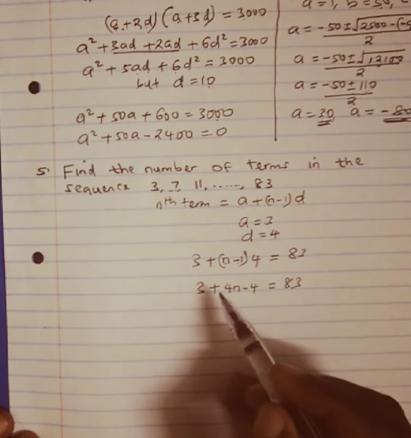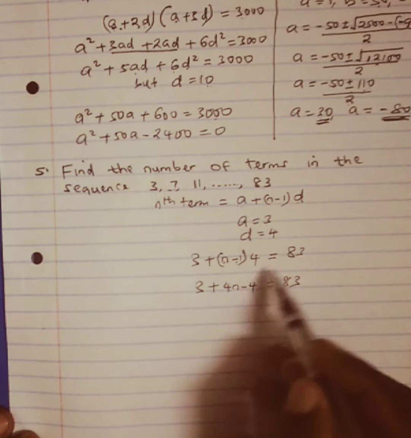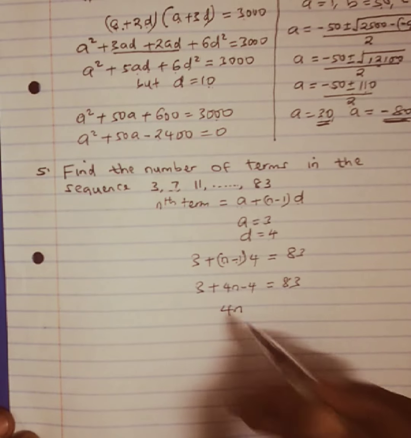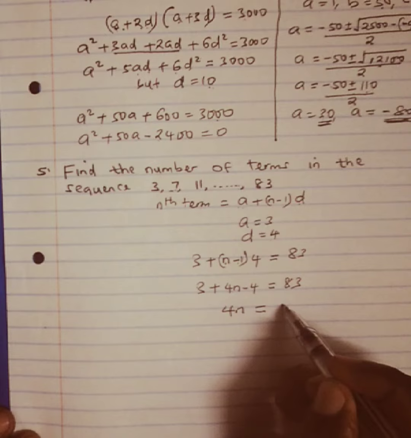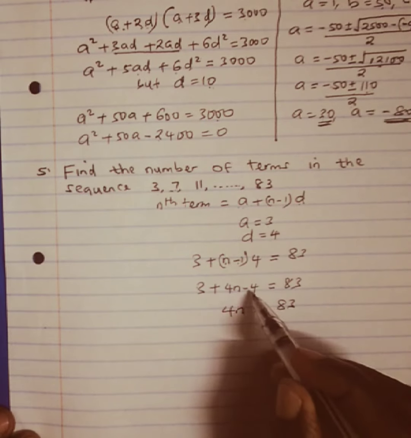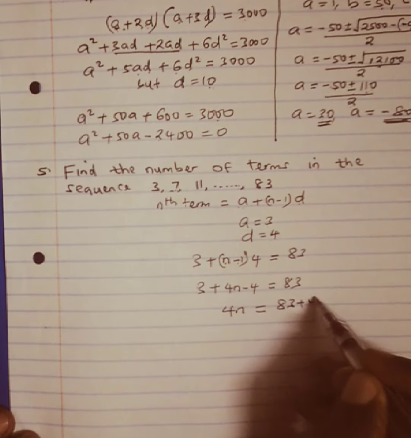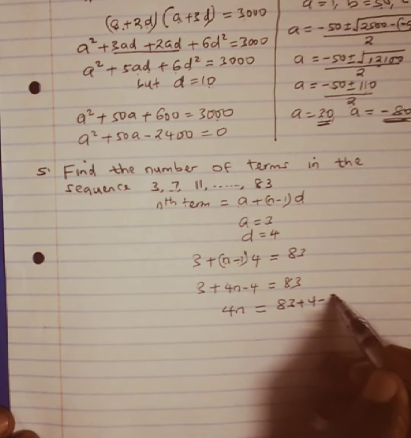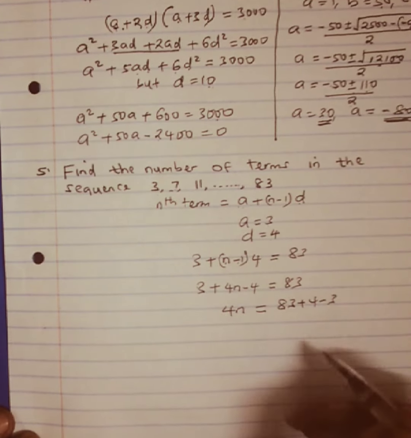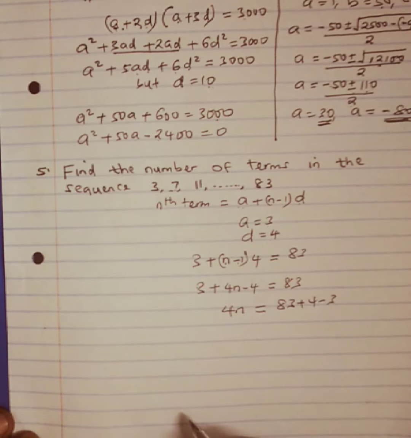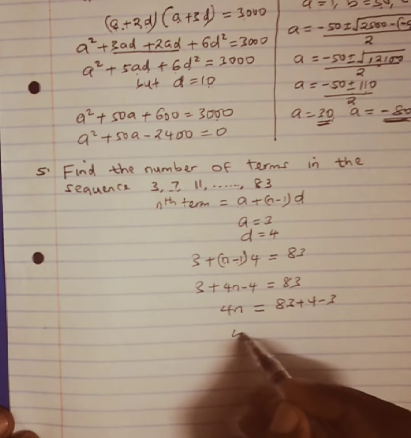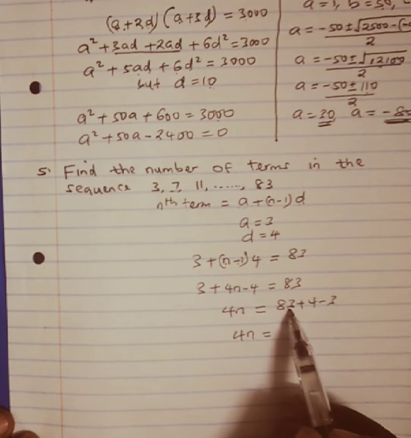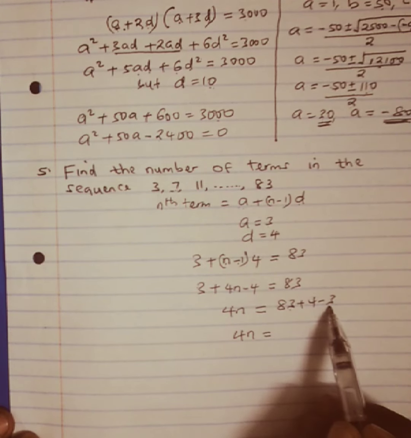Like terms together, we are going to take positive 3 and negative 4 to the other side. We remain with 4n, and 4n is going to be equal to 83. We add 4 because it's a negative. We also minus 3 because it is positive. Once it crosses the equal sign, it becomes a negative. So 4n is going to be equal to 83 minus 3, you get 80.